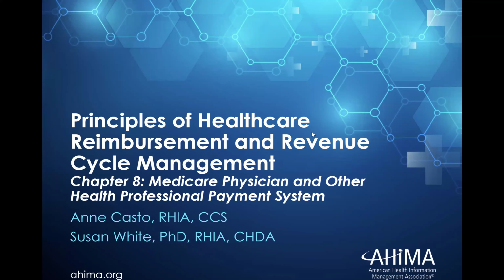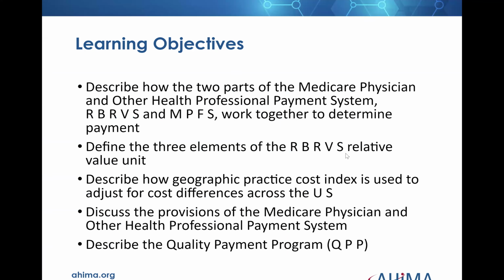Again, in this chapter, we're going to be looking at Medicare physician and other health professional payment systems. This is a little bit similar to HIM 160, where we have a fee schedule and some other things, but there's some new elements. And some of this is the resource-based relative value scale, the Medicare physician fee schedule.